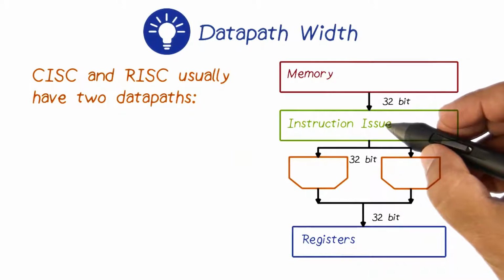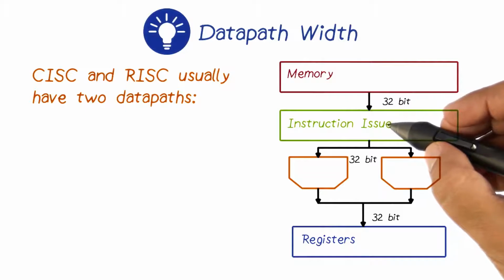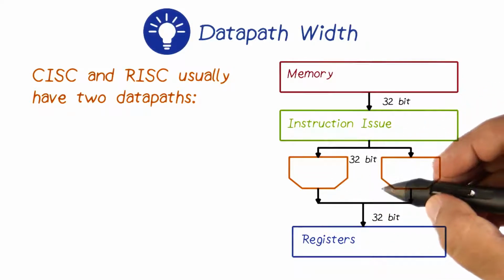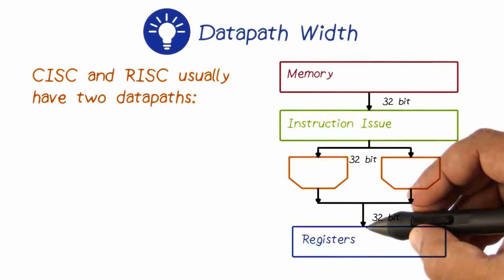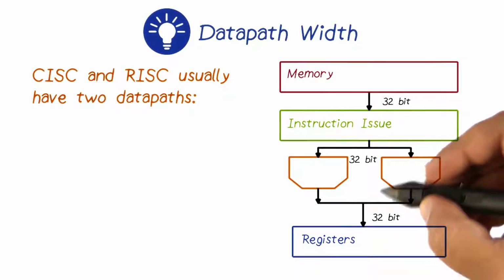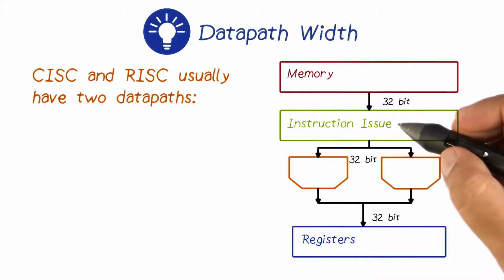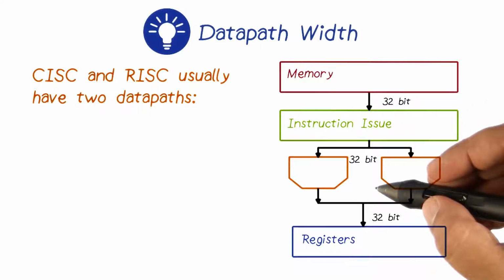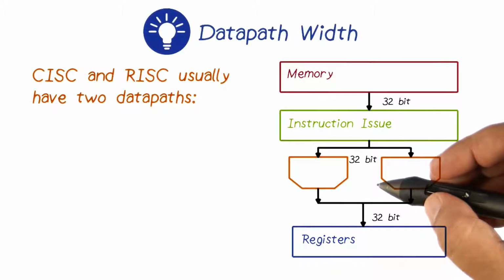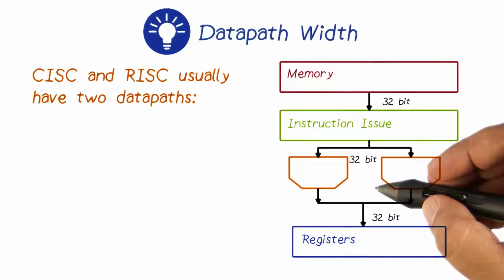Let's take a look at a typical data path width in a RISC processor. Typically, memory is 32-bit. The instruction is also 32-bit, which is decoded, and the operands, which are fetched from the memory and loaded into the registers, are also 32-bit. So this is a very typical processor that is supported historically in the RISC arena. Only lately do we have 64-bit processors. However, in embedded systems, it is very atypical to support 64-bit operations.